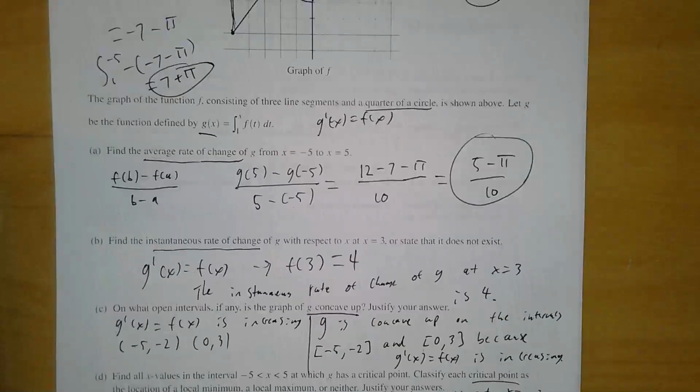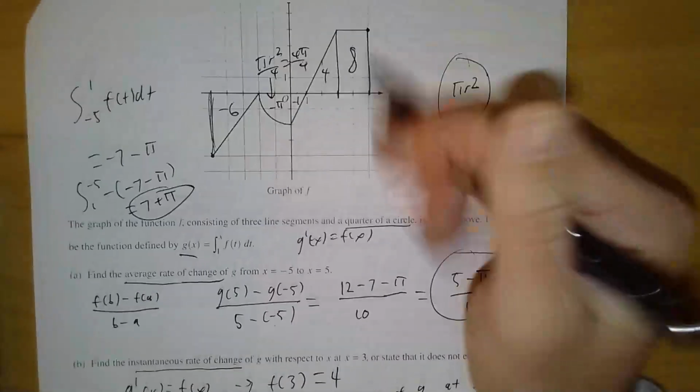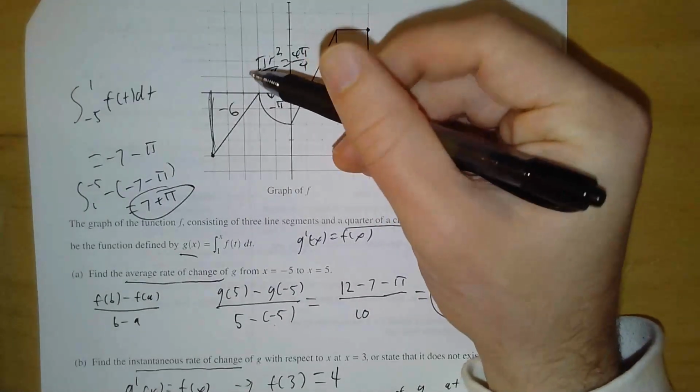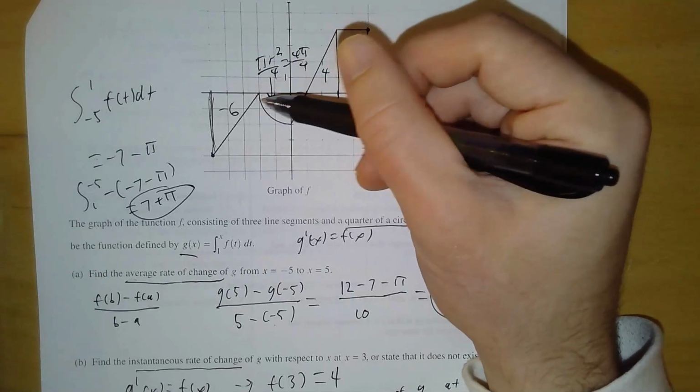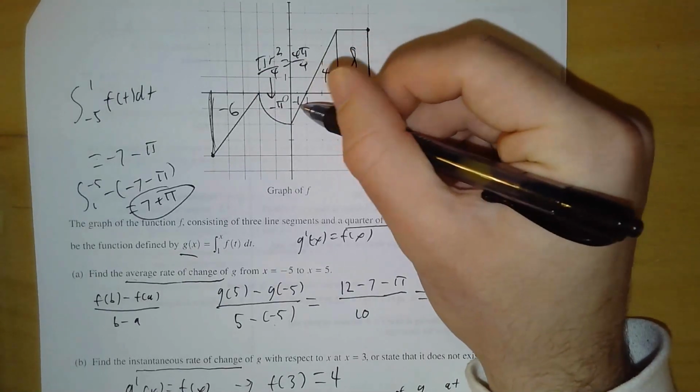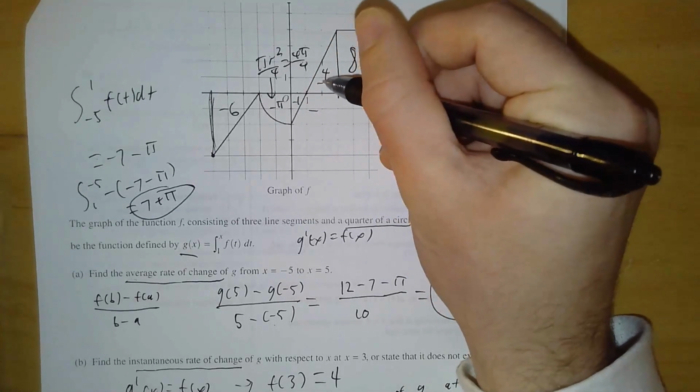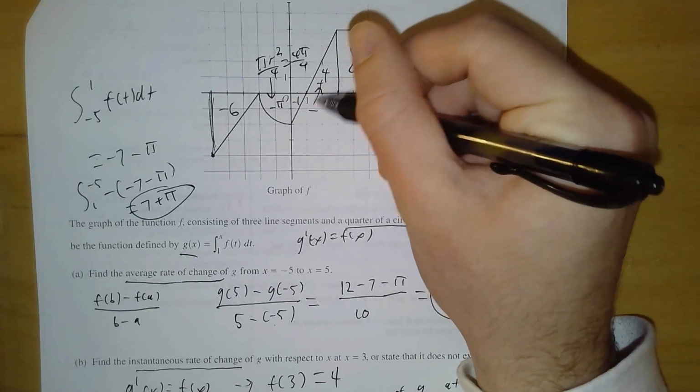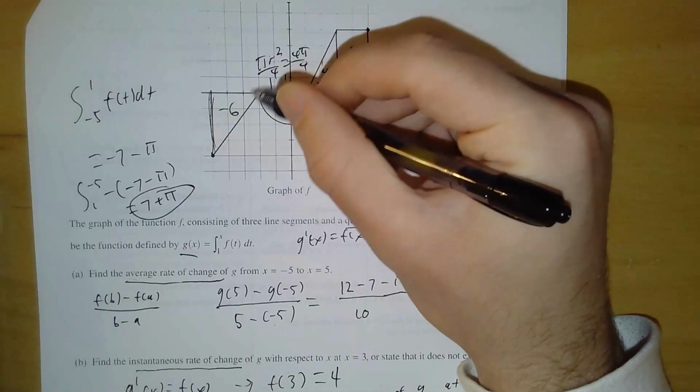Then let's look at them. So what do we have here? At this point, we do not have any kind of relative min or max because it doesn't change signs, it doesn't cross over. But here we do. We're going to have a relative min because we're going from negative to positive. So right there, that's a relative minimum, and this is neither.